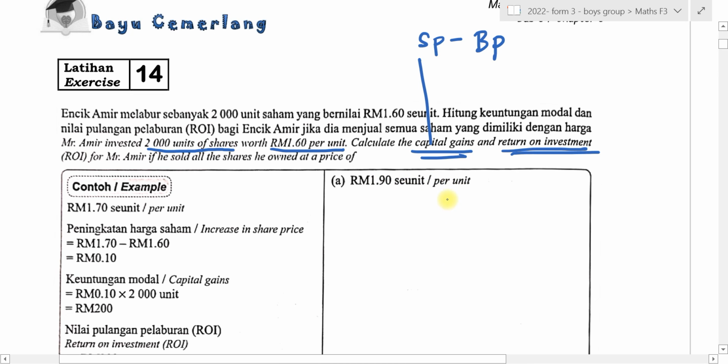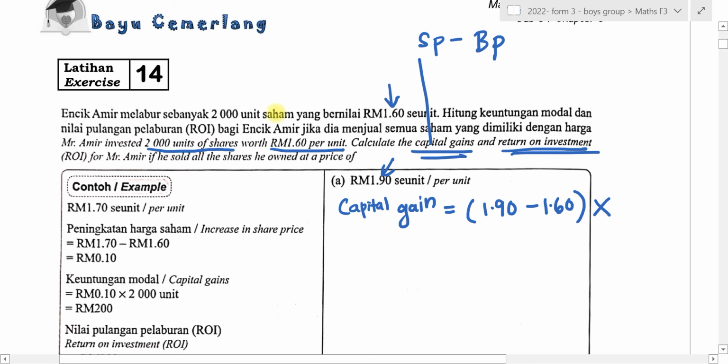Okay. So, we straight away calculate the capital gain. Okay. No, don't follow the example. Follow me. Capital gain. Selling price is 1 ringgit 90 cent. See the question. 1 ringgit 90 cent you sell. Buying time 1 ringgit 60 cent. This one for 1 unit lah.